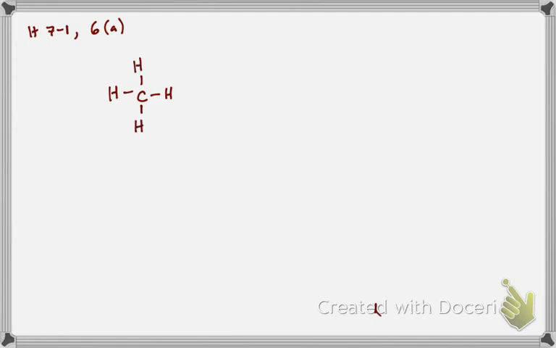We also looked at ammonia, and we saw that had a Lewis structure of this. And then we also looked at water, and this one had a Lewis structure that looks something like this. All right, so we've got our Lewis structures.